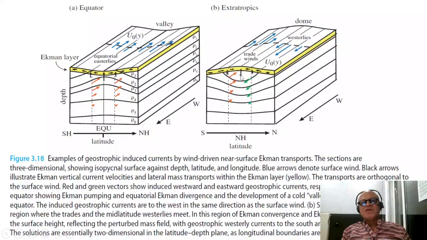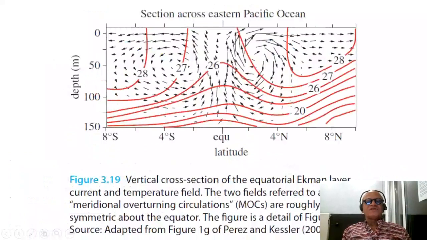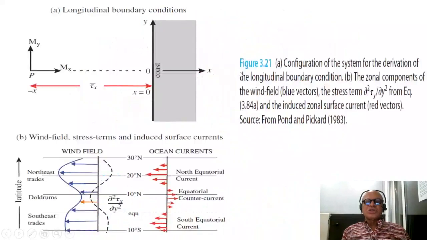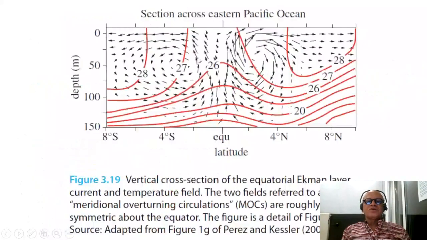Convergence, so you have Ekman velocity upwards, Ekman velocity downwards, and doming down of the isopycnals, doming up of the surface. Okay, on the equator, that upwelling creates this kind of meridional circulation. So you have upwelling currents coming up, diverging at the surface, and sinking at some point and completing this cycle.